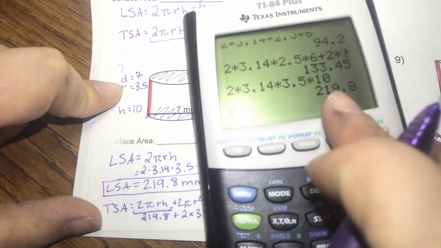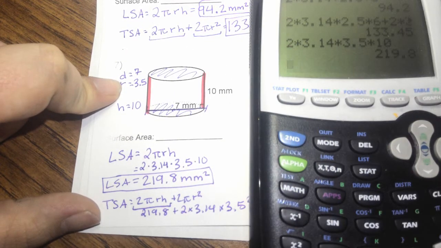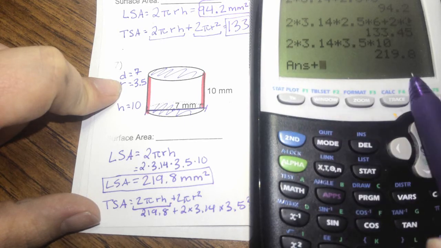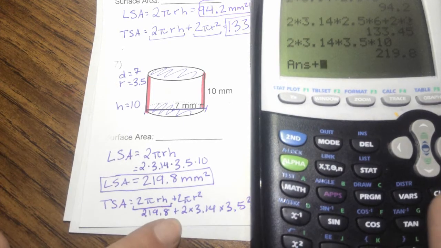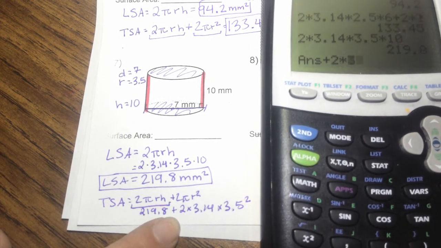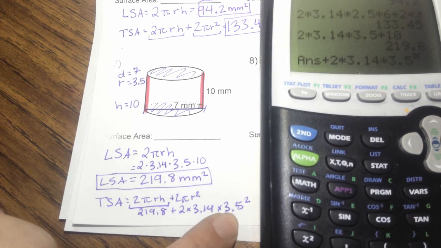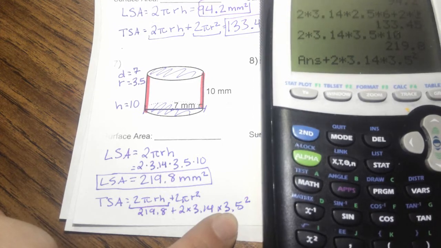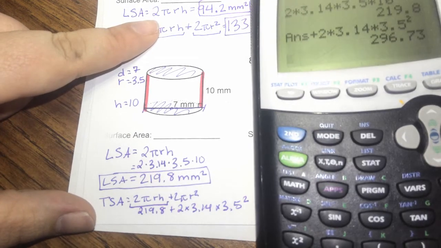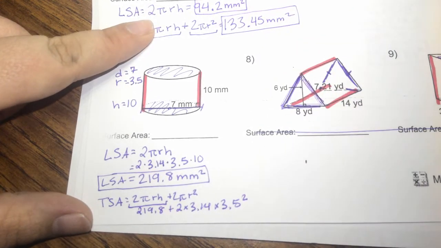So I'll have the 219.8, and I'll just click my plus button. That says take the answer from the previous line. Now we're going to add 2 times 3.14 times 6 centimeters.